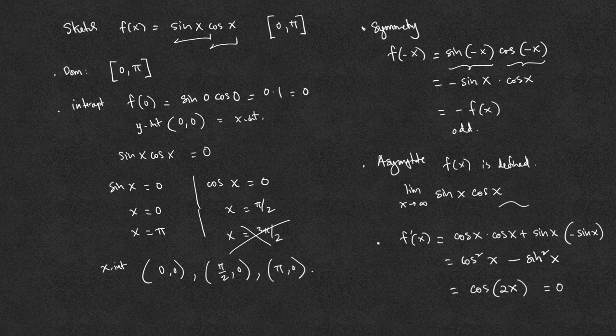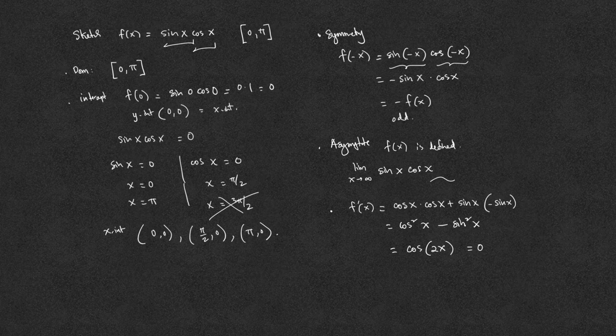Set it equal to 0. We see that cosine of 2x is 0 only when the argument of cosine, as we saw earlier, is pi over 2 or 3 pi over 2.